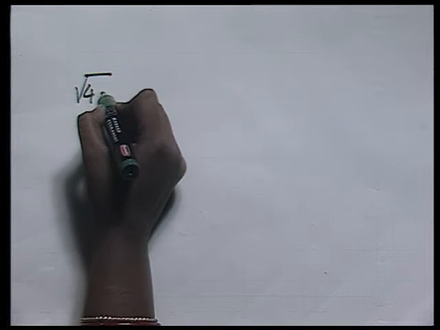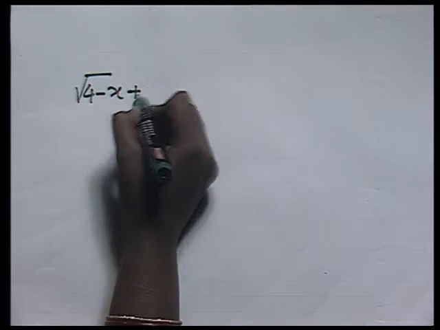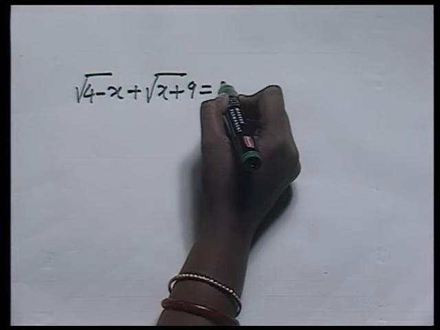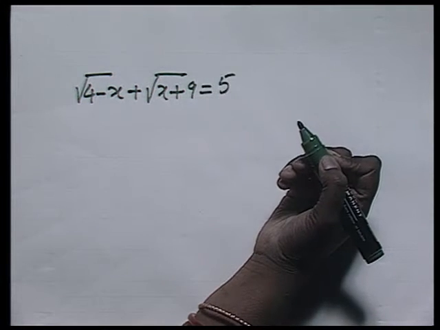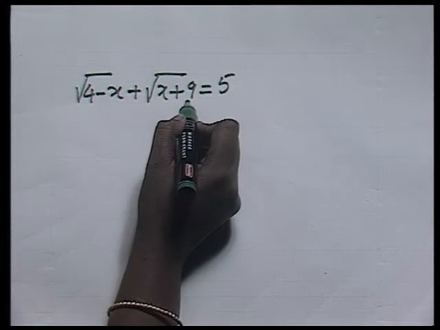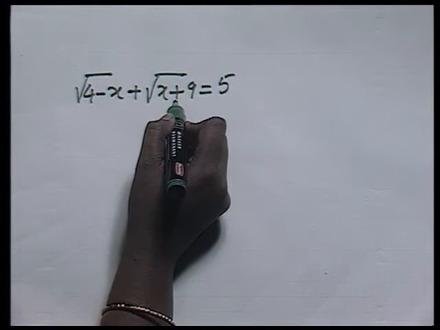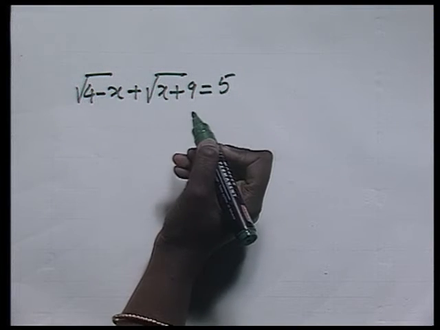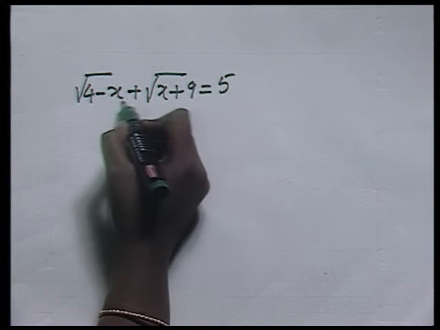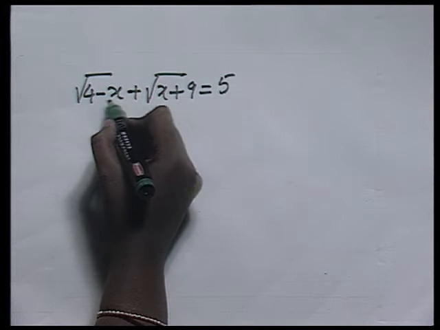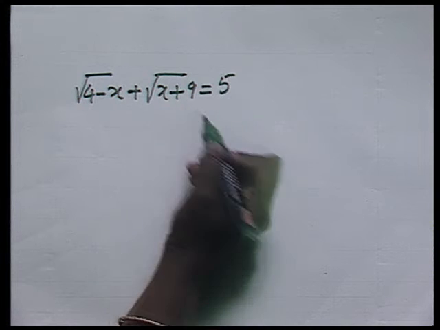Look at another equation. Under root of 4 minus x plus under root of x plus 9 equal to 5. When we observe this equation carefully, we find that there are two expressions involving radical signs. Also, both these expressions are positive square roots of 4 minus x and x plus 9 respectively.